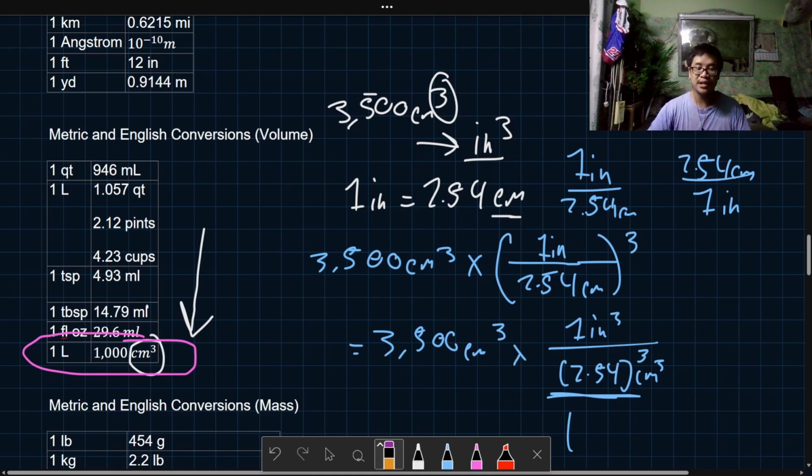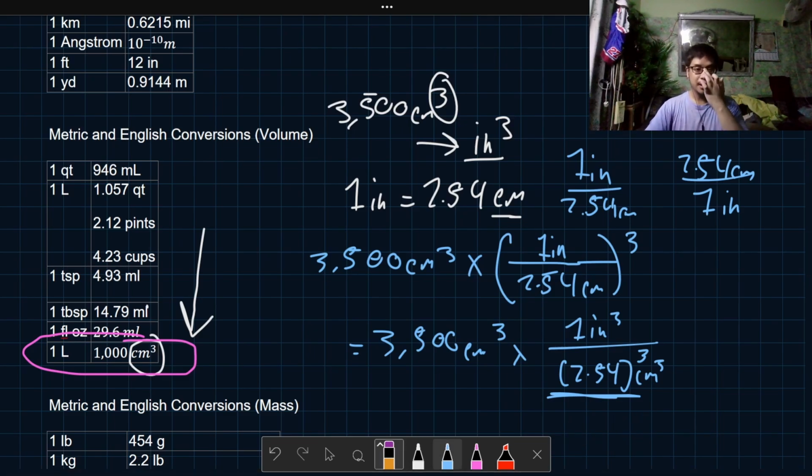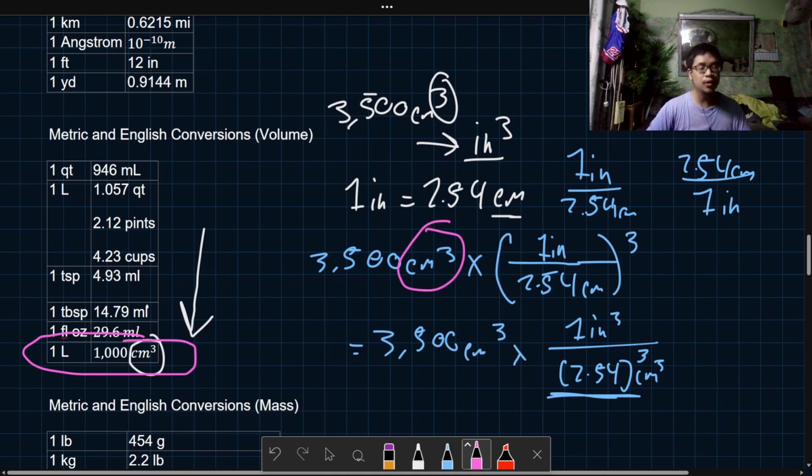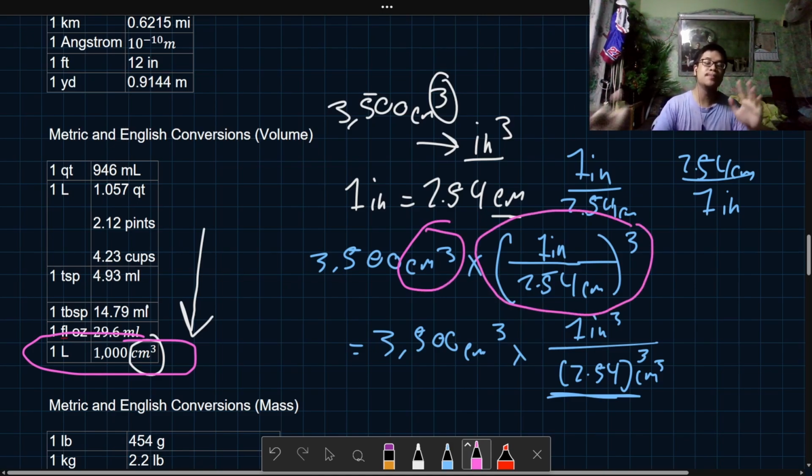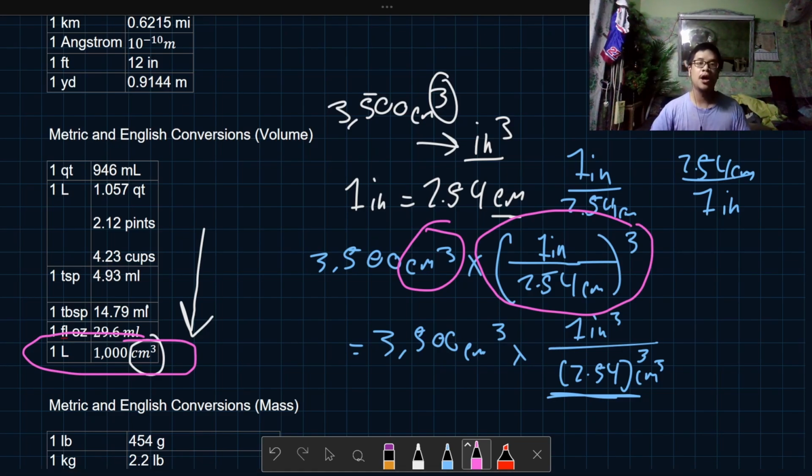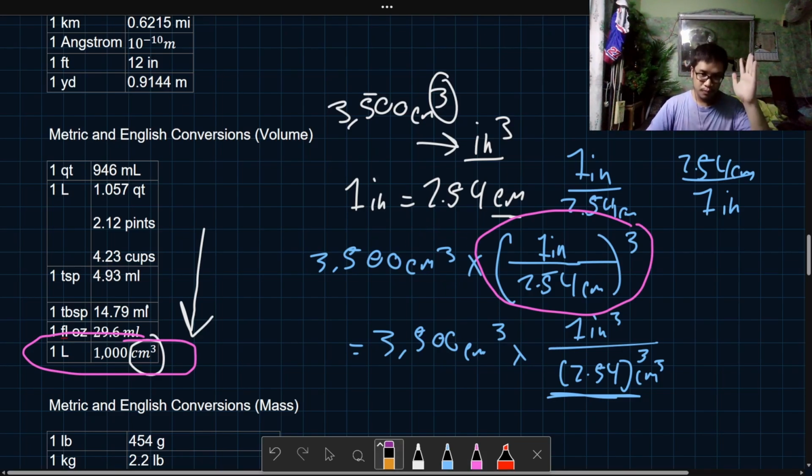Point being, if the exponent of the given unit is cubed, raised to 3, therefore the fraction that you multiply to the given unit should also be raised to 3.